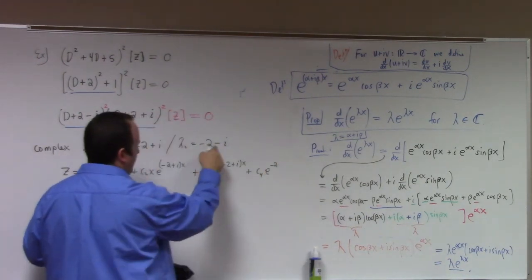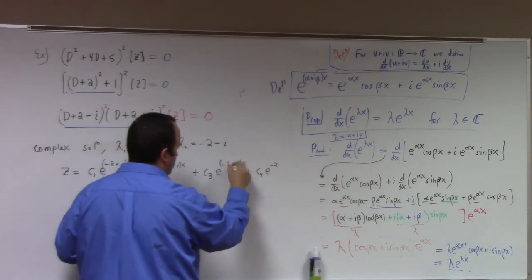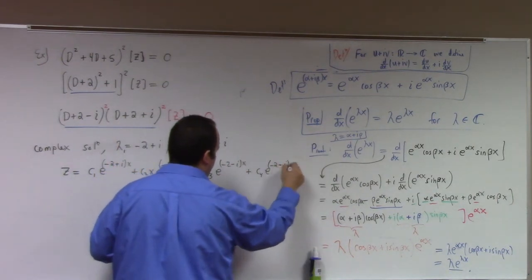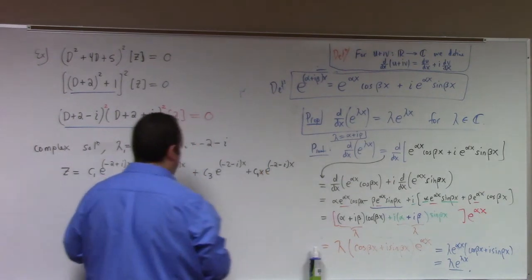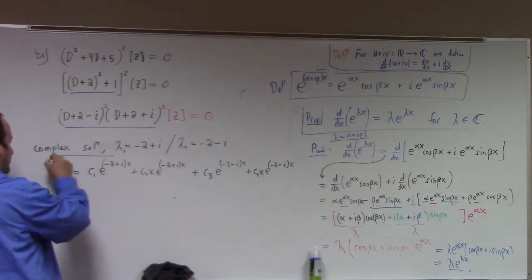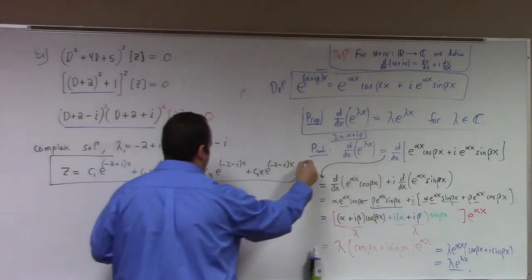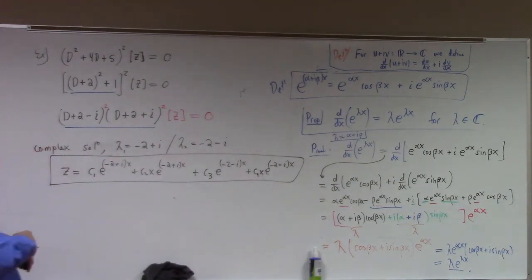I'm supposed to put minus I, sorry, on the last two, and I lost my x. There you go. I mean, this would be the general complex solution to the given differential equation, where C1, C2, C3, and C4 would be taken to be complex numbers. This is the general complex solution.